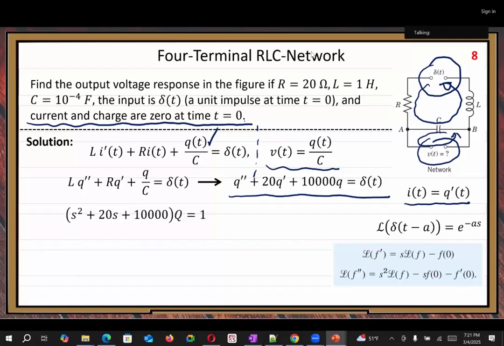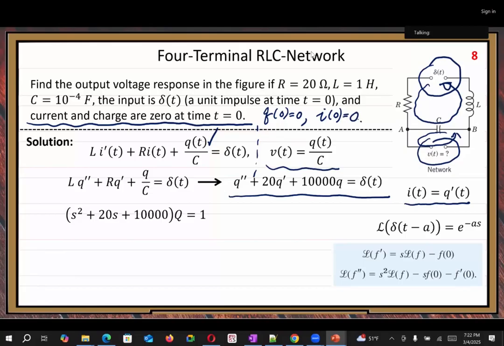So here let me say something about the initial conditions. Current i and charge q, little q, right? q of 0 equals 0, the first initial condition. i of 0 equals 0.